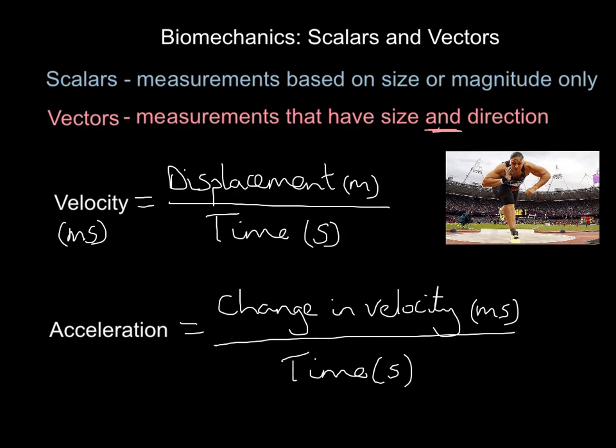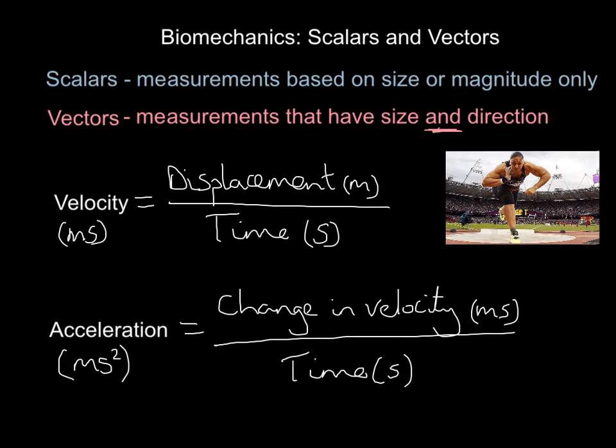So acceleration is measured in meters per second squared, whichever way you prefer to write it. Remember, acceleration is a change in velocity: I could be getting quicker or I could be getting slower. So acceleration and deceleration can both be calculated from this.